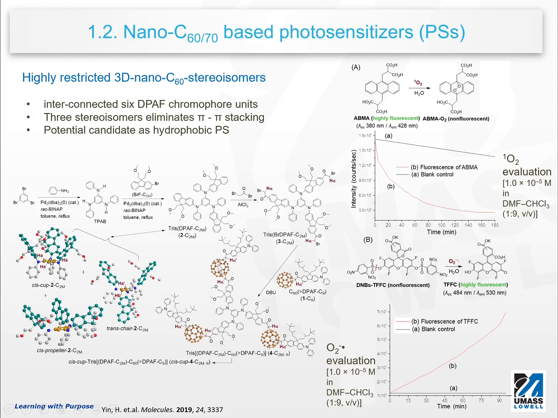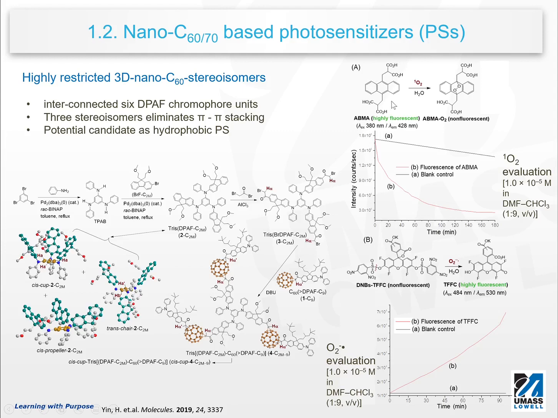Also, another type of tris C60 DPAF-based molecule we designed is this type of molecule. Based on the tris DPAF C60 molecule, we add 3 more DPAF moieties on the C60 balls. So in this molecule, in total we have 3 C60 as electron acceptors and 6 DPAF moieties as electron donors. And for this type of molecule, we also evaluate its singlet oxygen and superoxide radical generation by two of our probes. And we synthesized this probe to make it sensitive only to singlet oxygen.